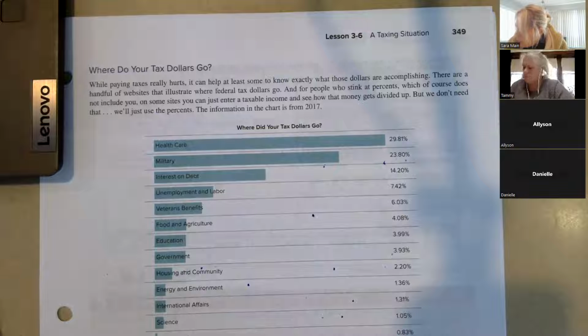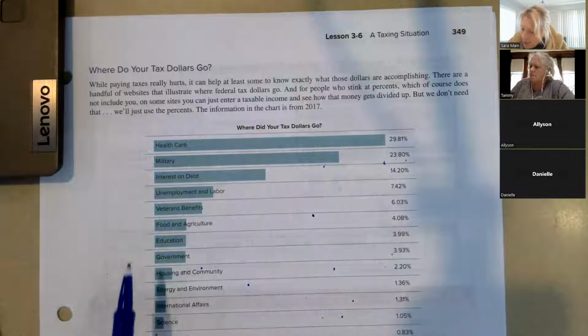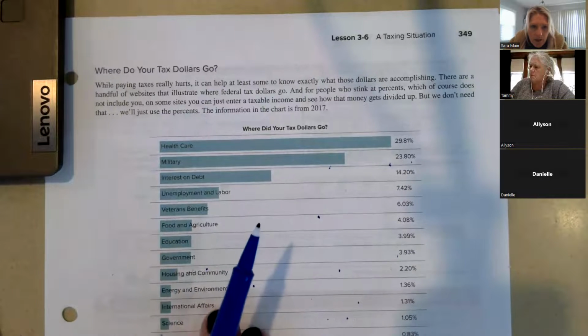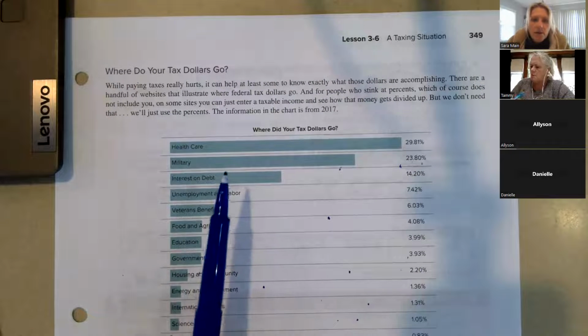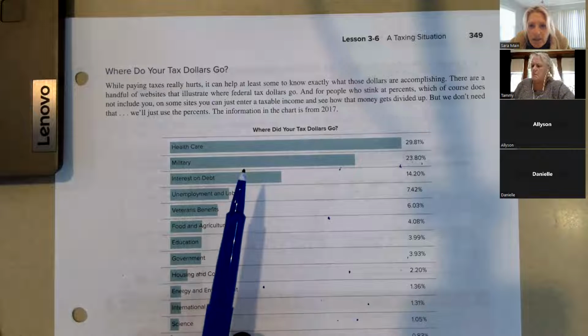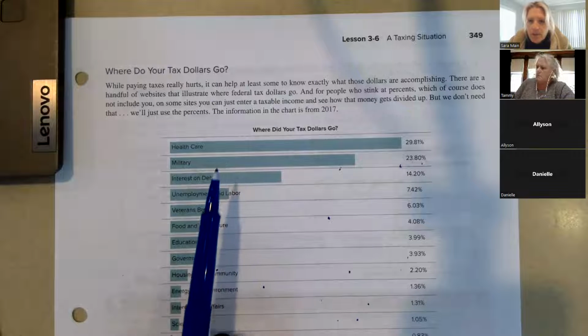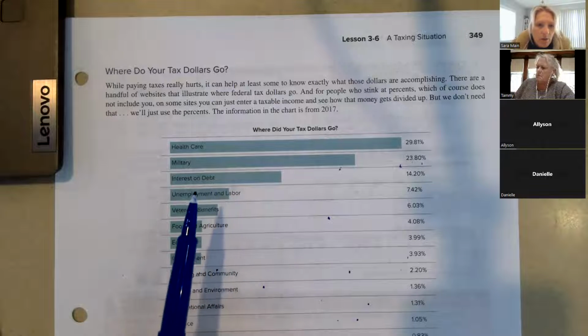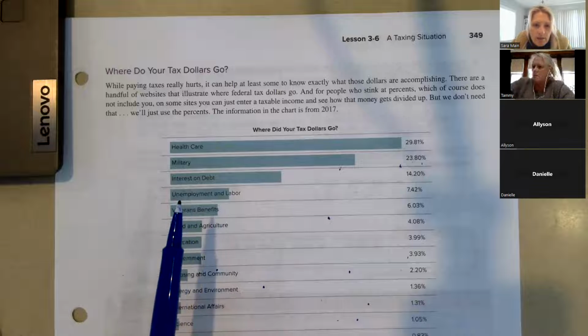Okay. If anybody's wondering where in the heck our tax money goes, page 349 shows us. It says, while paying taxes really hurts, it can help at least some to know exactly what those dollars are accomplishing. There are a handful of websites that illustrate where federal tax dollars go.